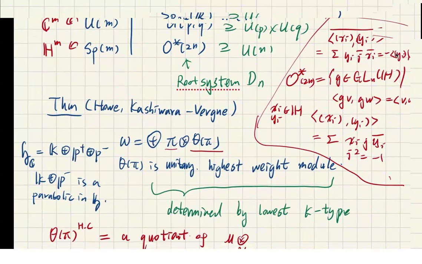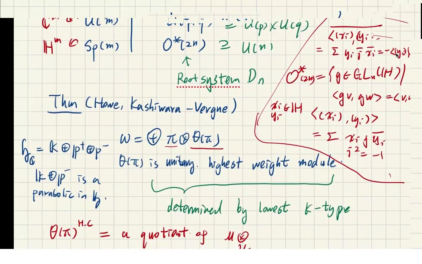Therefore the minimal K type will have a K action, so it can be extended as a K plus P module. And then you tensor with the whole universal enveloping algebra of G.